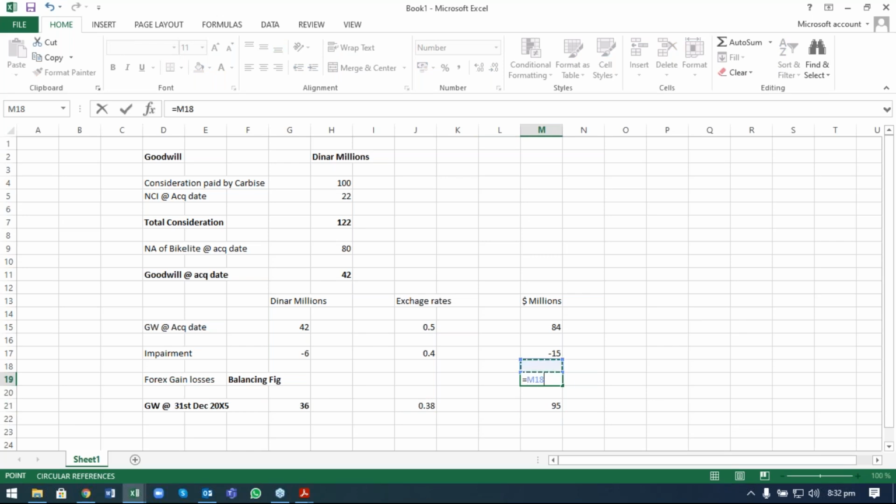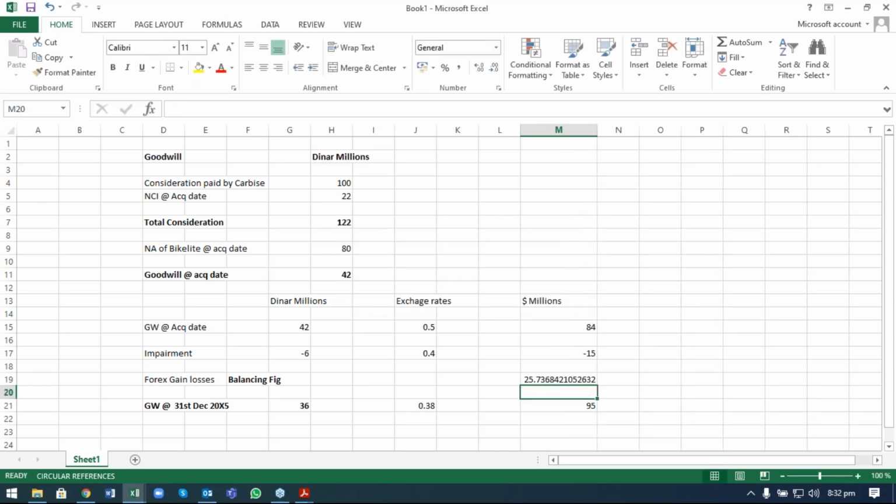So if you're going to calculate it, this 84 million or this 95 million minus this value and plus this value, give me a second, this total value is 69 million. So I would be calculating 95 minus 69 million.